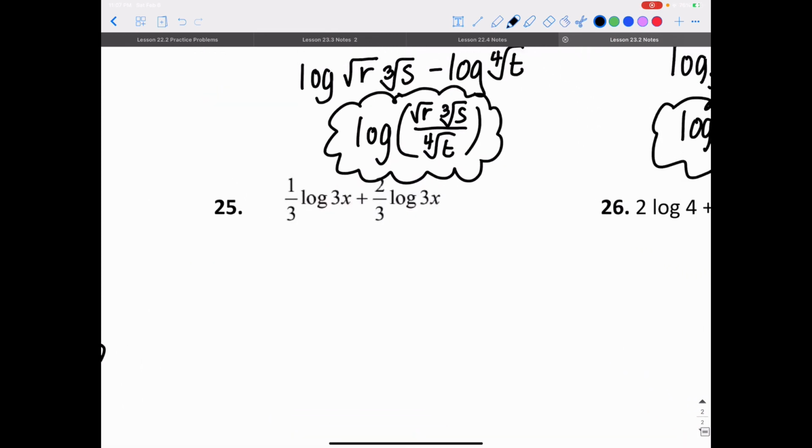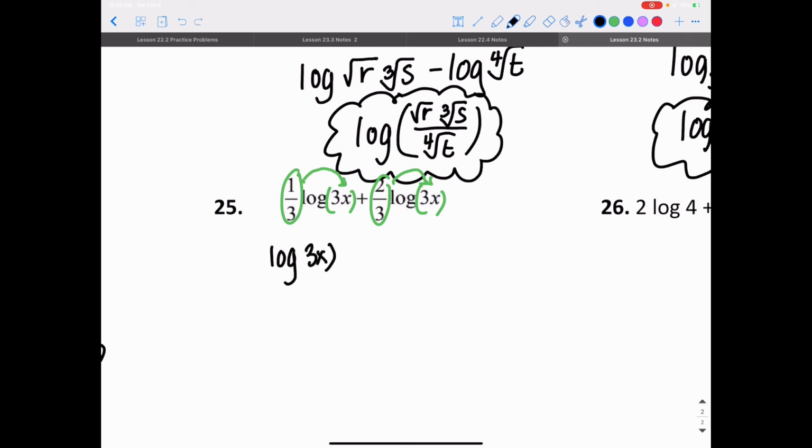For 25, I have 1/3 log of 3x plus 2/3 log of 3x. What I'm going to do is take these coefficients and make them exponents. I'm going to have log of 3x raised to the 1/3 power.